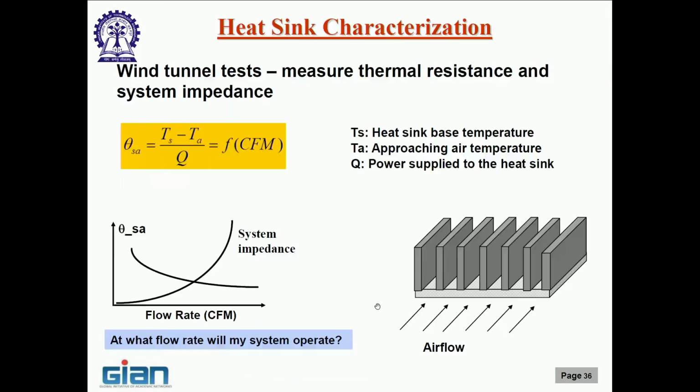So, first what I will do is I will come here, find out the operating point, plug it in this direct equation, get the sink to ambient thermal resistance, and from there I can calculate the sink resistance and therefore the junction resistance and so on and so forth. So, this is how we characterize a heat sink, or rather design a heat sink for a certain system whose temperatures and other conditions are given to us.